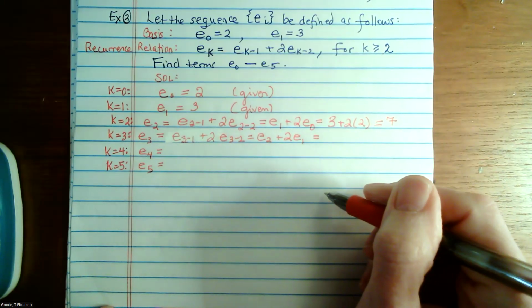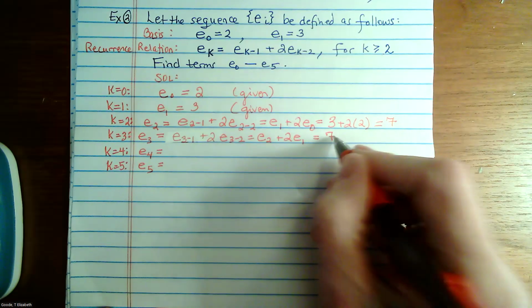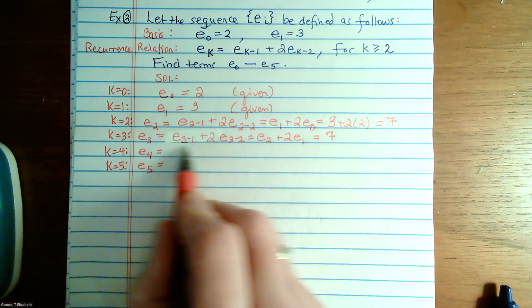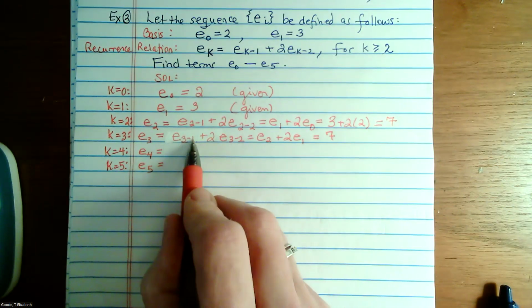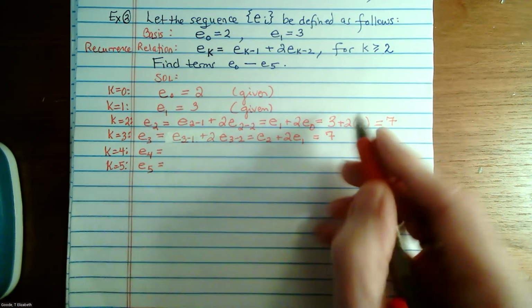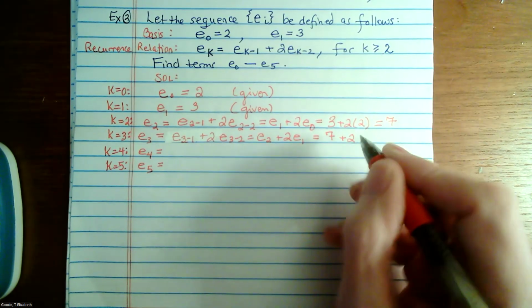What are y'all getting for E3? 9? Okay, I got 13. Let's see. I've got, it's E sub 2, right? Plus 2 times E sub 1. Is that what you're getting? E sub 2 plus 2 times E sub 1?